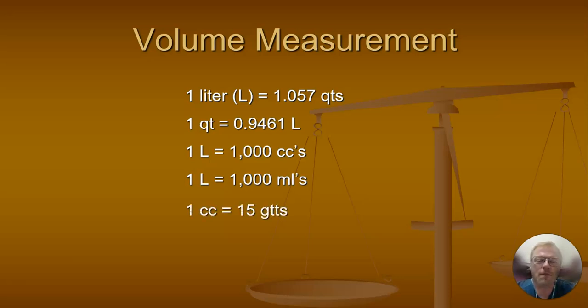Now, believe it or not, drops, GTTS, is the abbreviation for drops. And drops are actually calibrated. Most people think they are not. So there is 15 drops in 1 cc or 1 ml of a liquid.